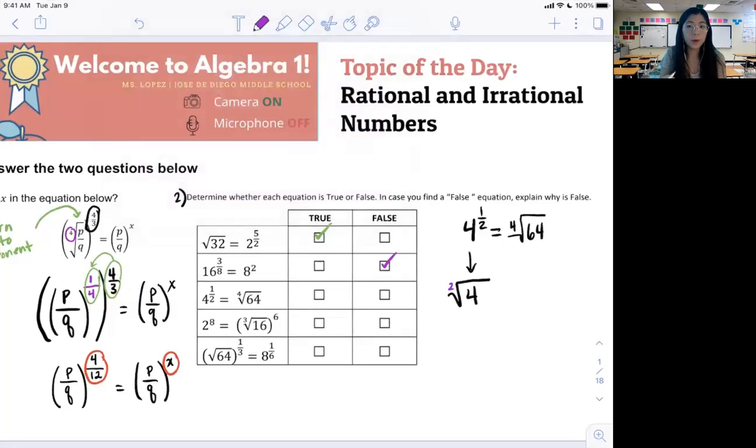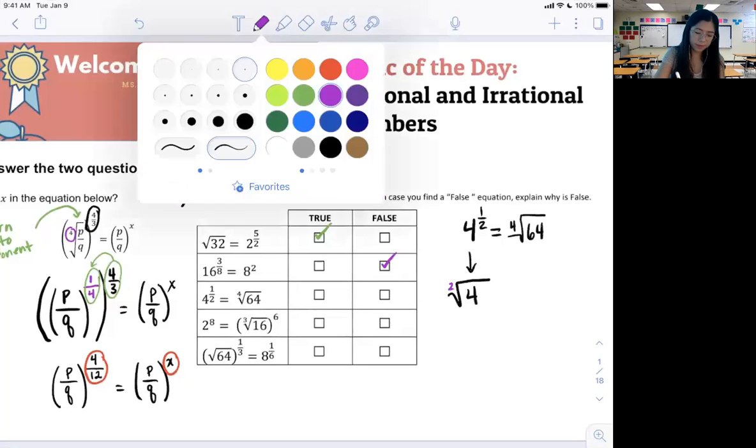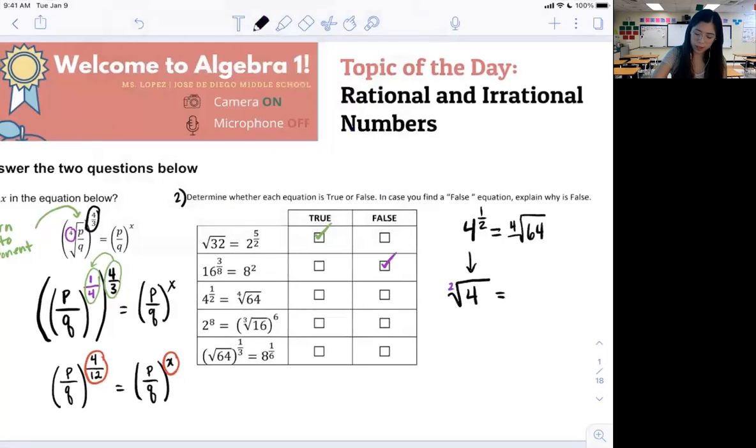So this is the square root of 4, and then the fourth root of 64. What is the square root of 4? Isn't it 2? Yeah, the square root of 4 is 2. We know that. And then the fourth root of 64.